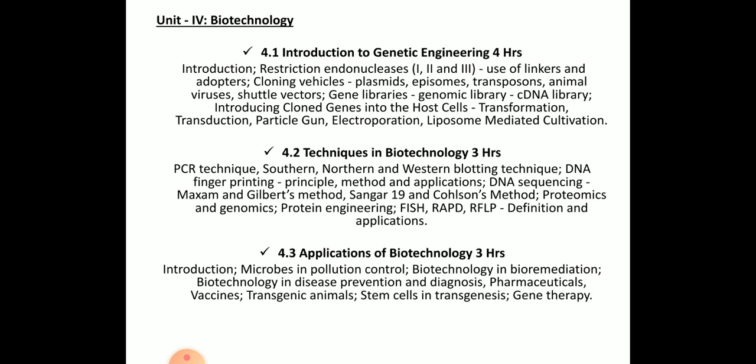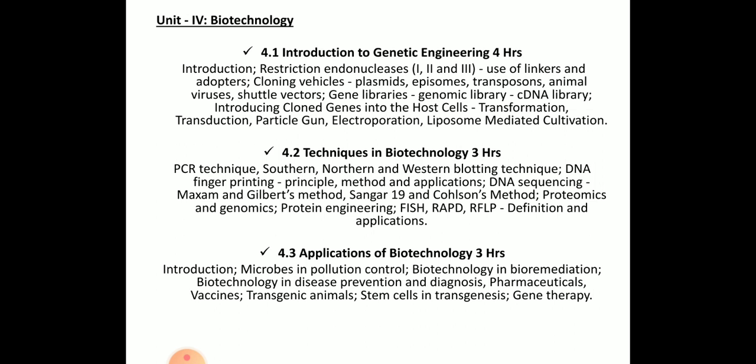Coming to the last unit, that is biotechnology, not much in detail but very important for your life science studies, which includes the first subunit, that is genetic engineering. Here you will be studying the introduction of biotechnology and the different types of enzymes like restriction endonuclease 1, 2, 3, and the use of linkers, how they mainly help in recombinant DNA technology.